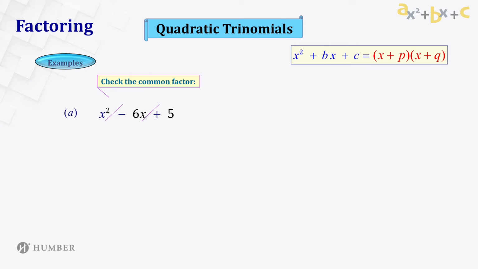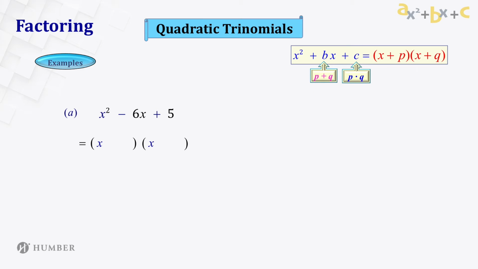Write two sets of brackets with x. Then we need to find two numerical values p and q such that the product of those equals the constant c, and the sum of those should be the coefficient of x, b.